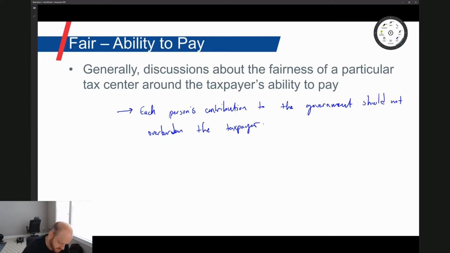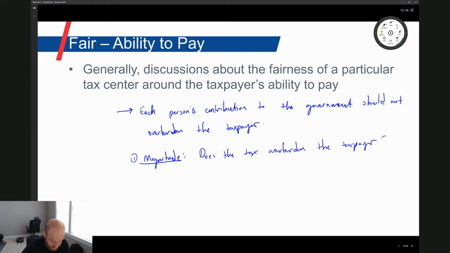And there's two dimensions to this. One is magnitude. Does the tax overburden the taxpayer? Is he or she paying a fair share, right? And the second dimension of this is timing.